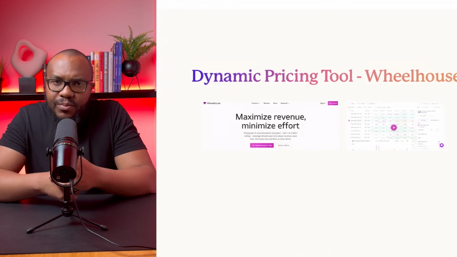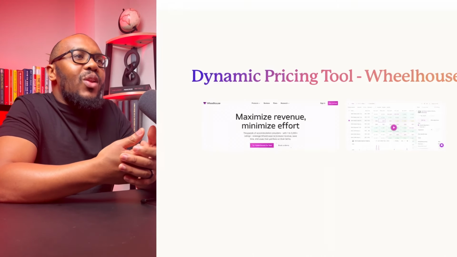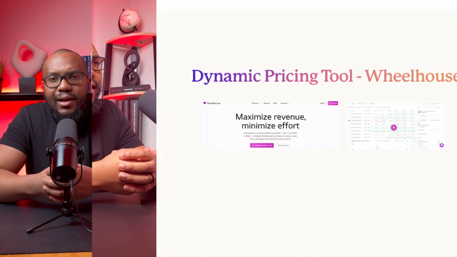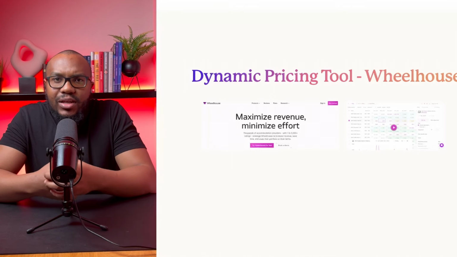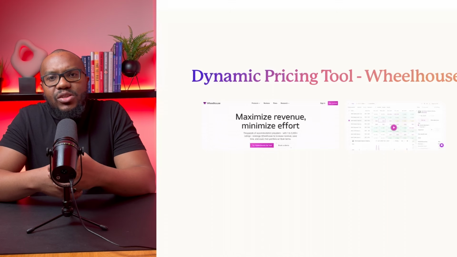So for example, if you come into a particular city and there is an event, the pricing tool can detect that and it will increase the prices, because there is a lot of demand for that time. It's like airlines: if you try to book during school holidays, the prices just go up.